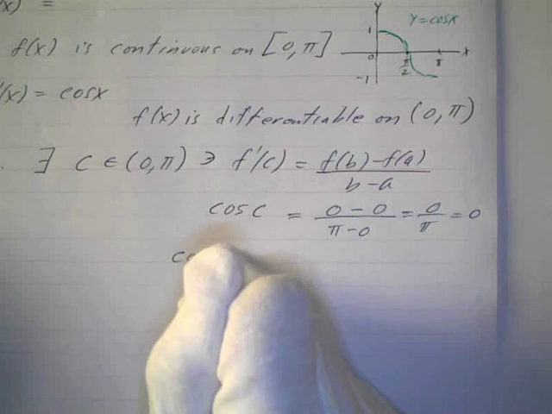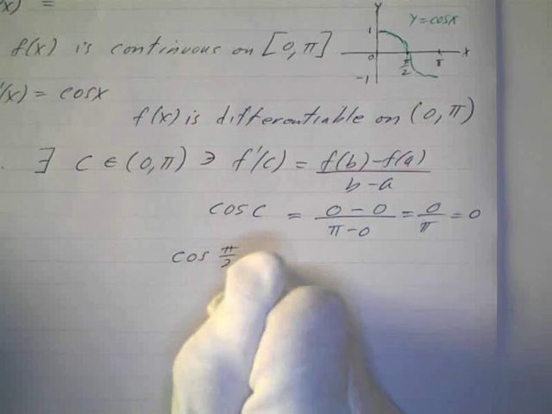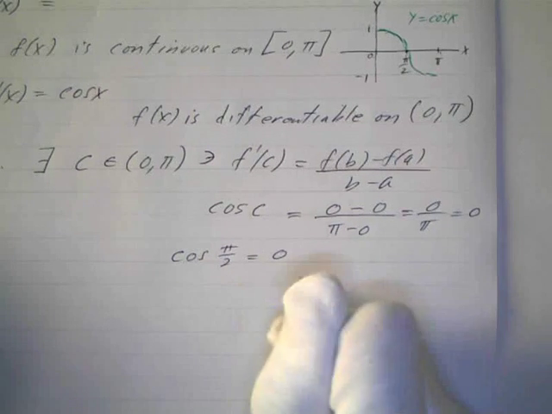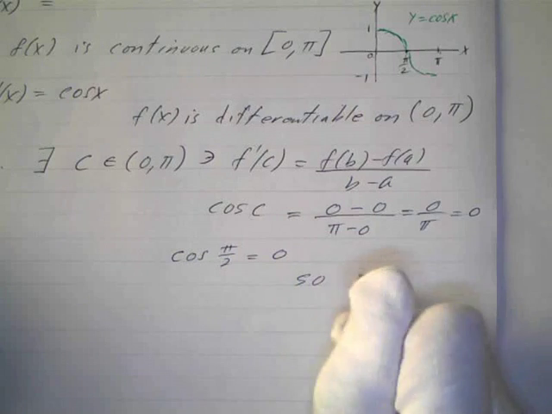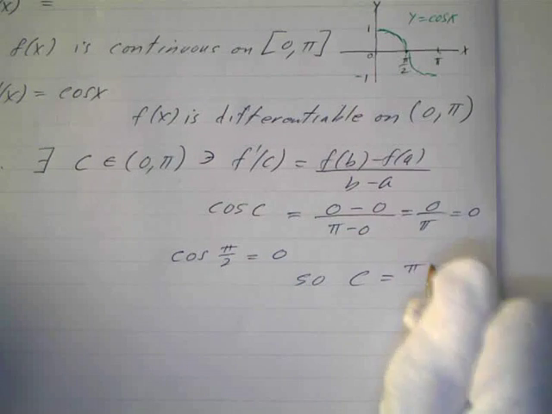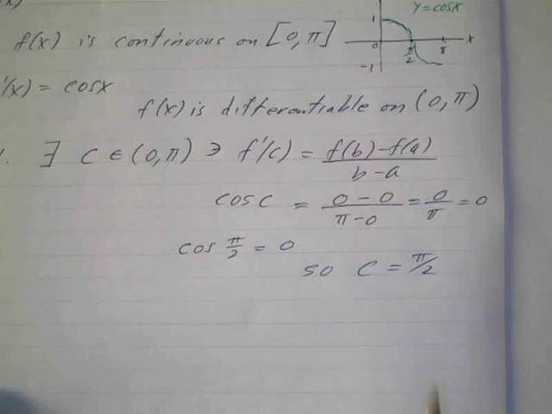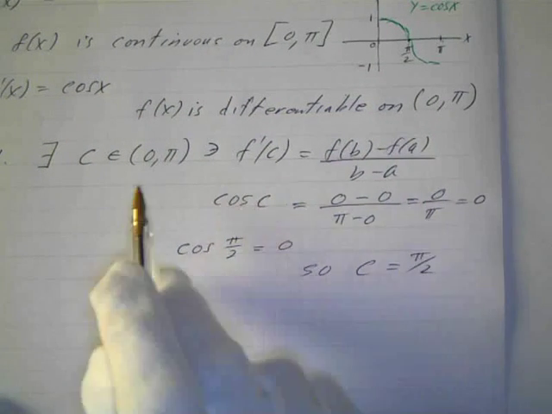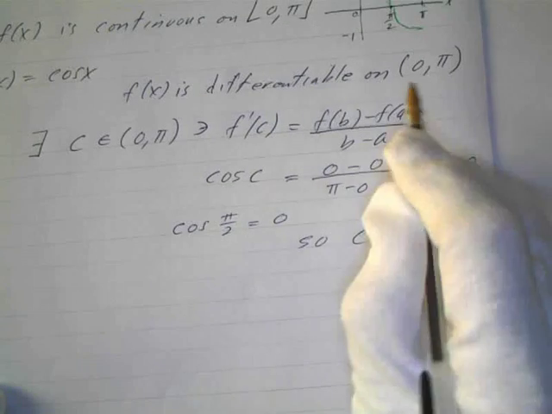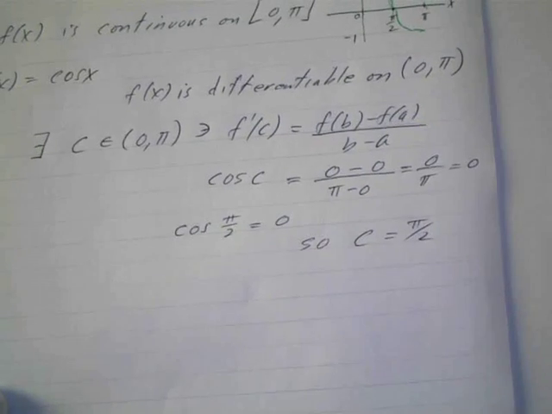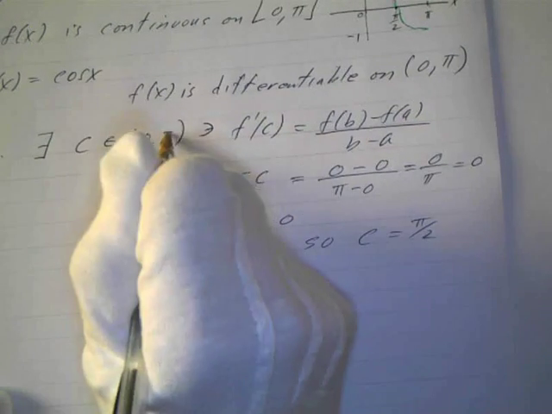Cosine of pi over 2 equals 0. So c equals pi over 2. That's what you've got. Okay? Hopefully that makes sense, because pi over 2 does belong to this open interval 0 to pi. And that's what we're looking for, the open interval.